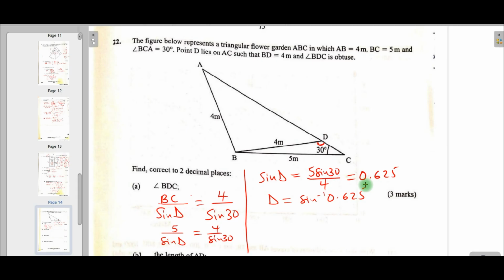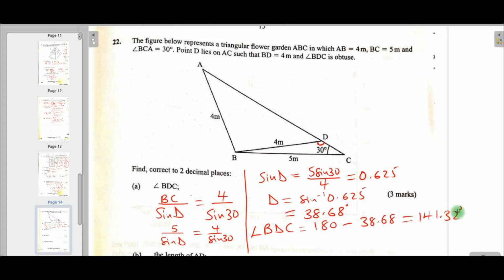D is an acute angle, which is 38.68 degrees. But angle BDC is an obtuse angle, and therefore angle BDC will be 180 minus 38.68 to get the obtuse angle, that is 141.32.